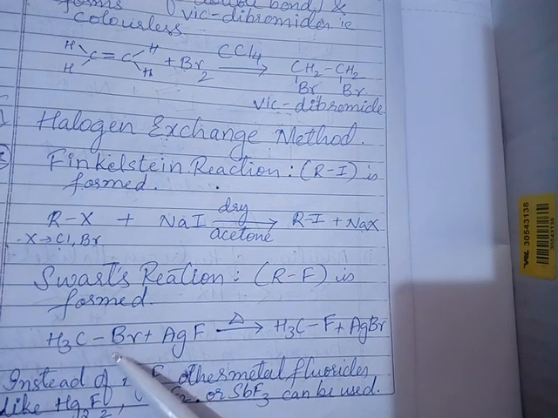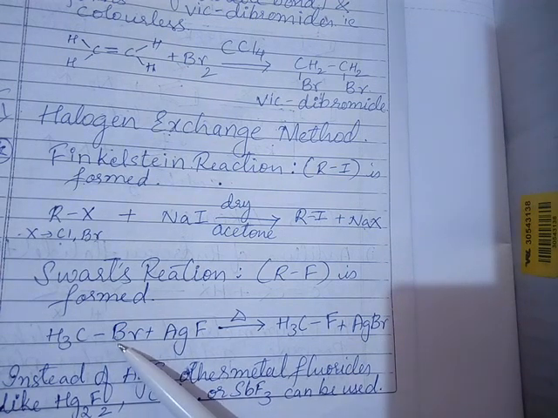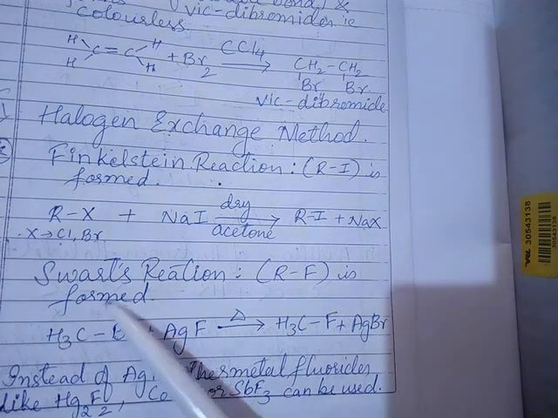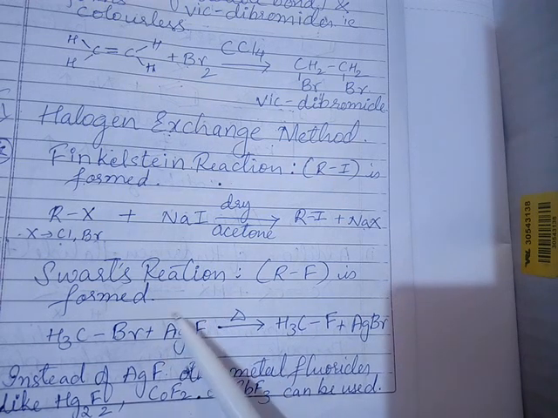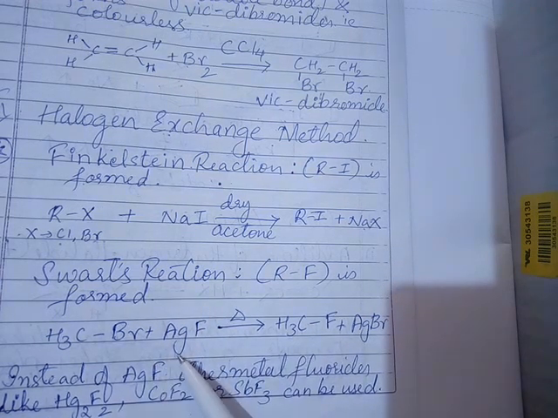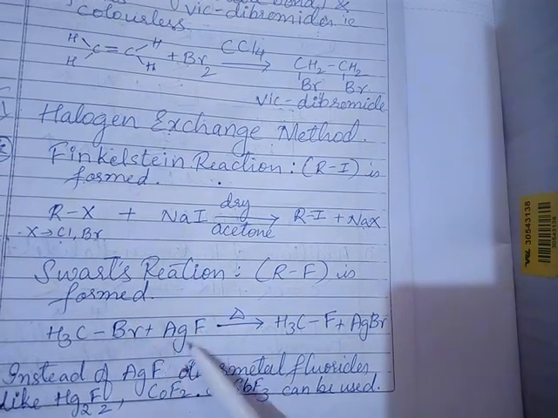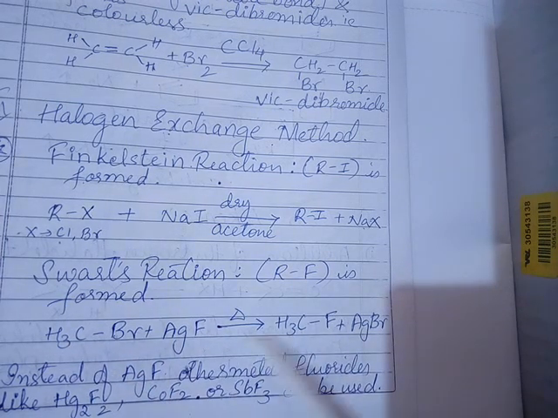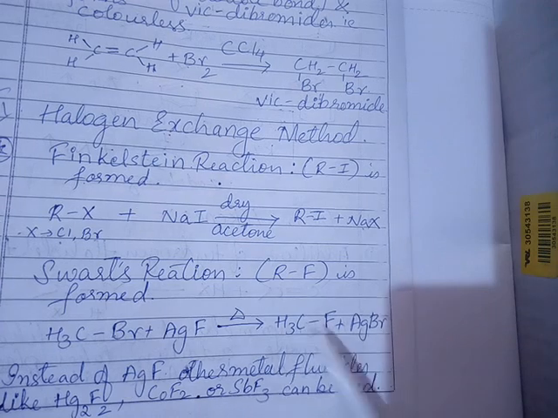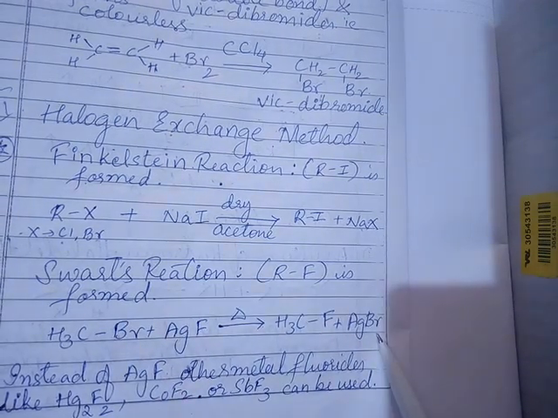So RX, X will be either Cl or Br, or you can take I. When you treat this alkyl halide with silver fluoride, AgF, and heat the reaction mixture, halogen exchange takes place. Fluorine will come here, bromine will go there. So it leads to the formation of CH3F. Methyl fluoride is formed, and Ag reacts with Br and AgBr is formed.